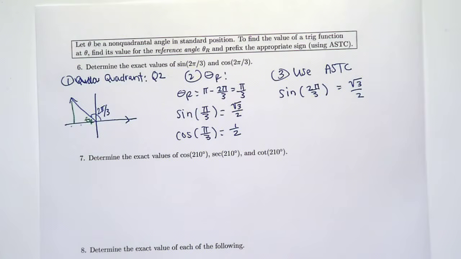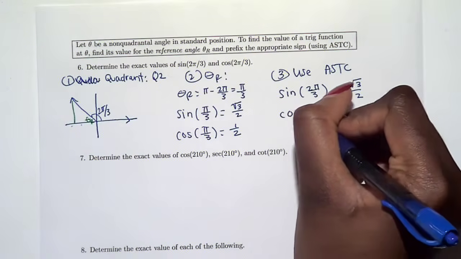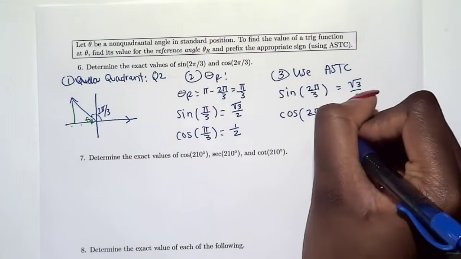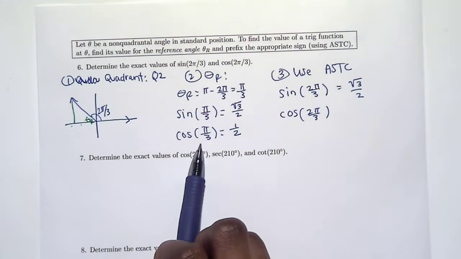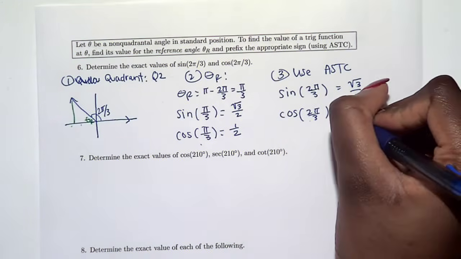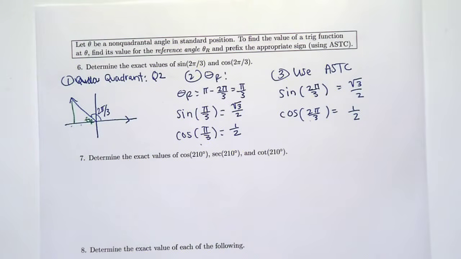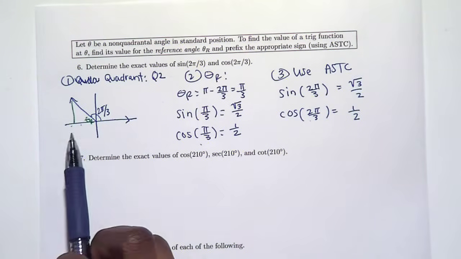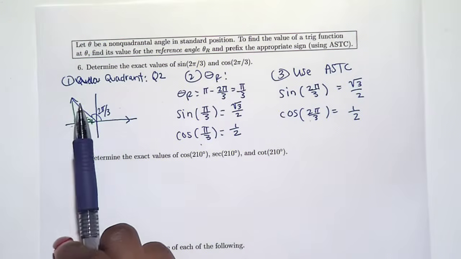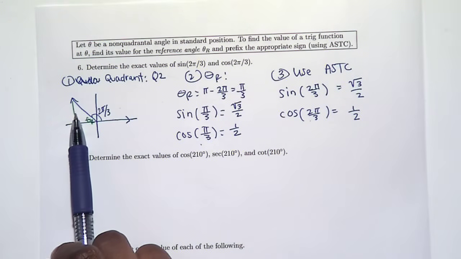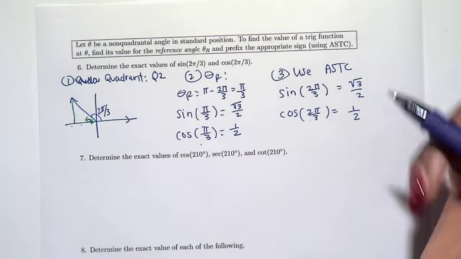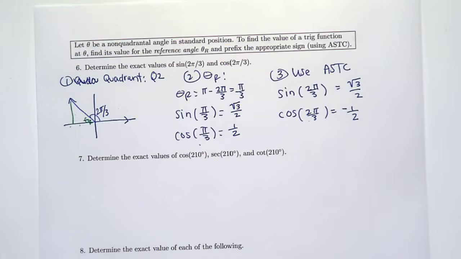Okay, I'll come back and do the signs in a moment. So cosine of pi over 3 is the same as cosine of 2 pi over 3, except the signs may be different. All right, so we are in the second quadrant. All students, so that means sine is positive, which means cosine is negative.